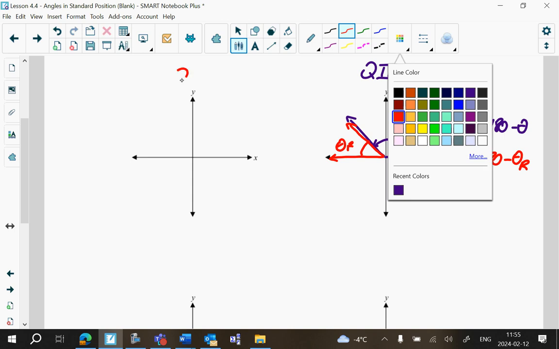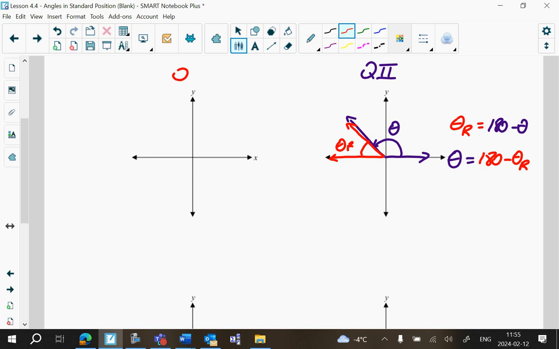First of all, let's draw an angle in standard position in quadrant 1. So that's what it looks like. Where's its reference angle? The same thing. Excellent. Remember, the reference angle is the terminal arm and the nearest x-axis.